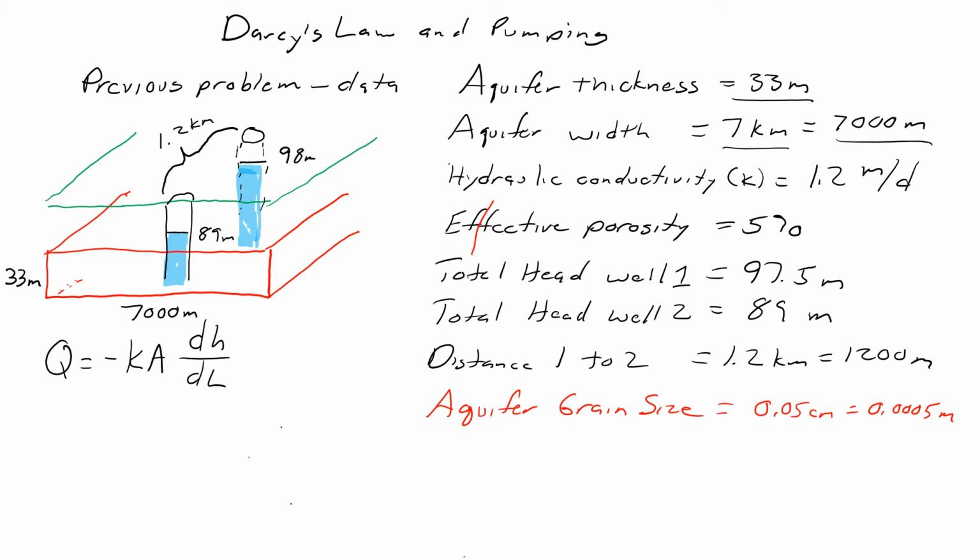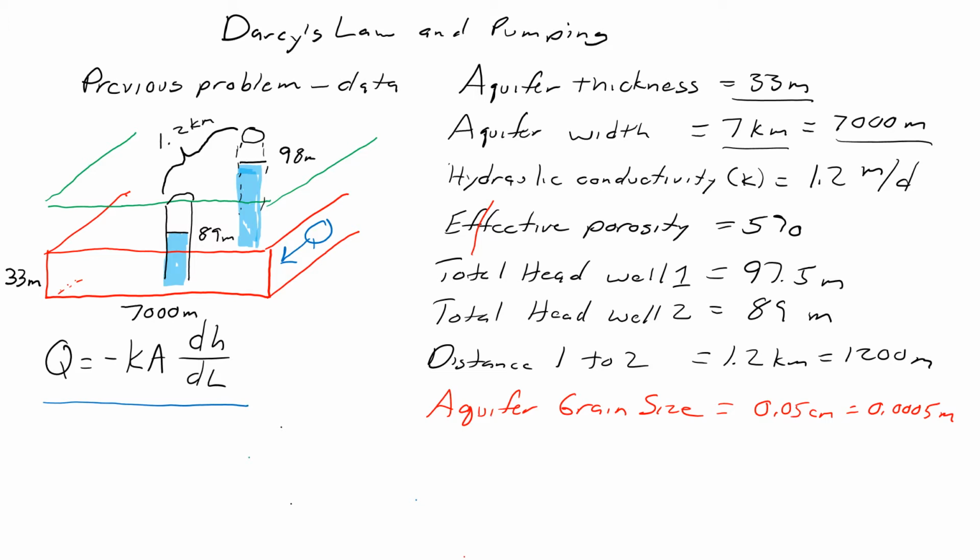All right, so that's the size of the aquifer, 33 meters thick, 7,000 meters wide. And what we ultimately want to know is how much water is passing through this aquifer every day, past a certain point. So what we use is Darcy's law, which I've put right here.